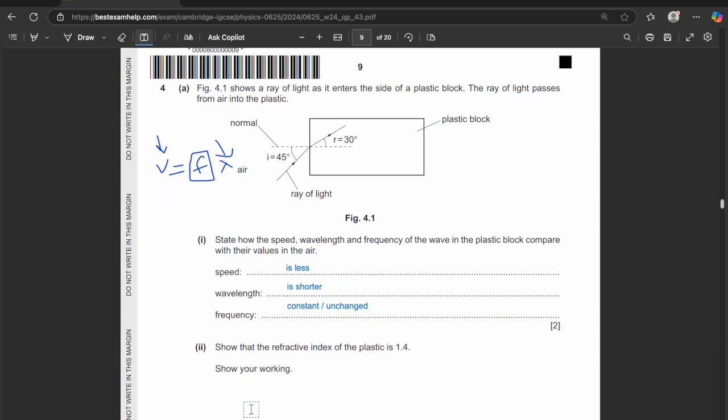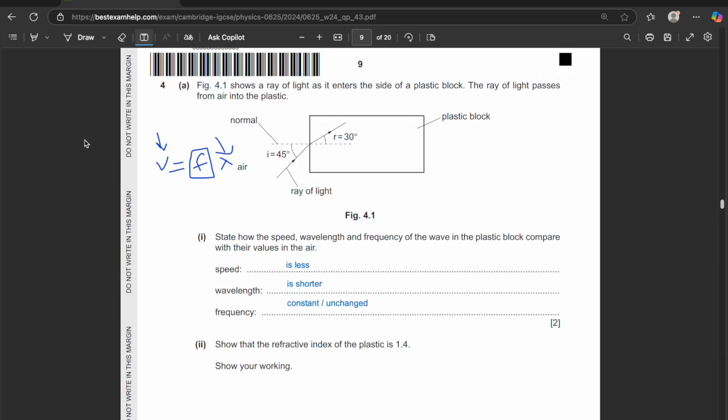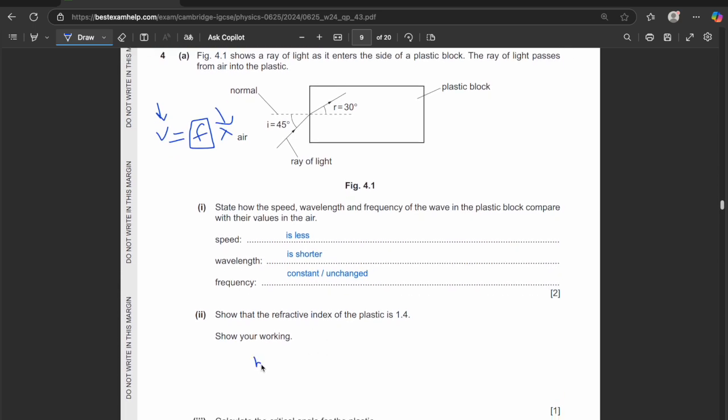To show that the refractive index of plastic is 1.4, show your working. So n is equal to sine i by sine r, right? So i is 45 degrees, r is 30 degrees.